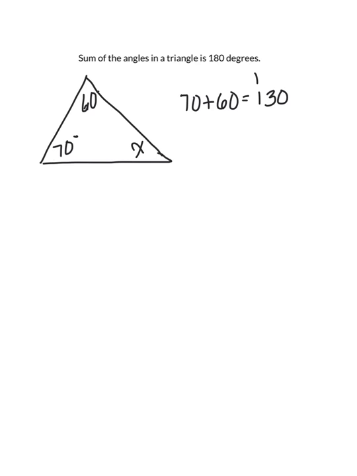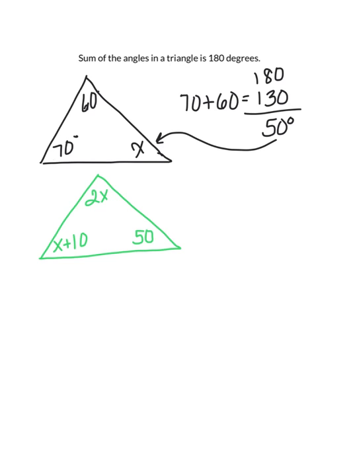And then I would subtract that from 180, and I get 50 degrees. Therefore, x would be 50 degrees. Very simple.